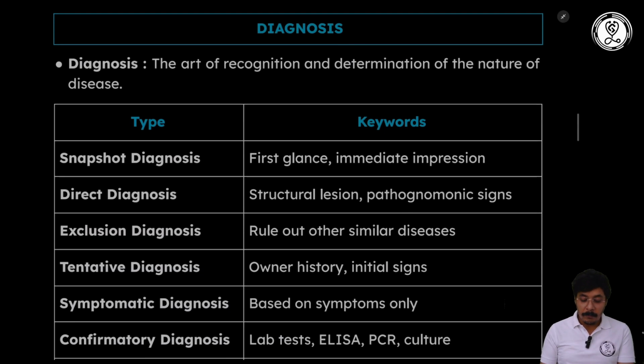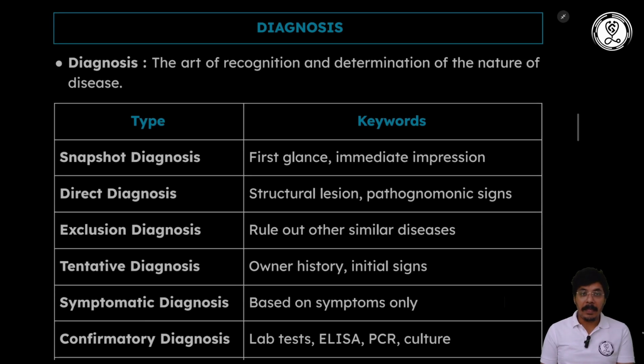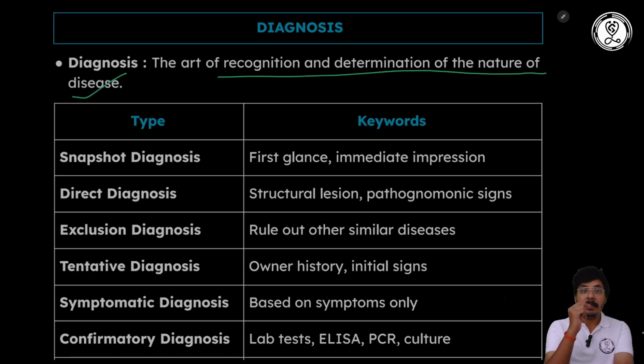Now let us talk about diagnosis. So basically, diagnosis is the art of recognition and determination of the nature of disease. Whenever we are recognizing and determining the nature of a particular disease or the causative agent that is causing the disease in an animal, that is diagnosis, and it is an art, because there are many techniques.